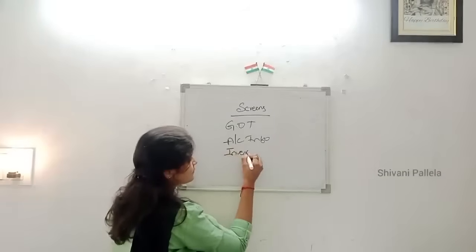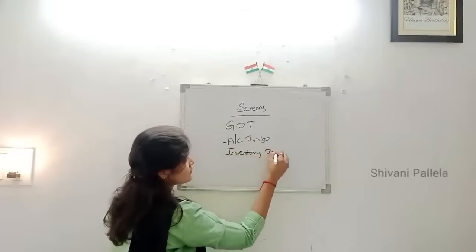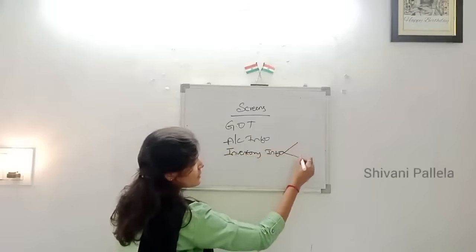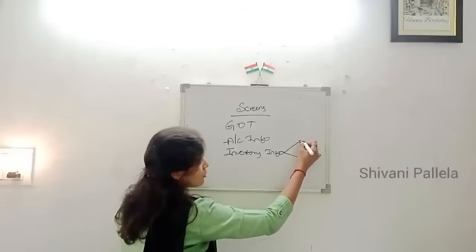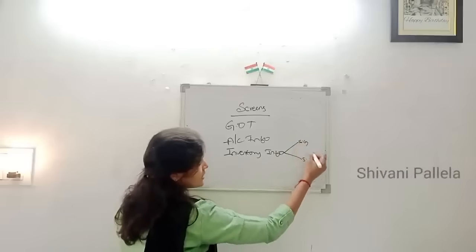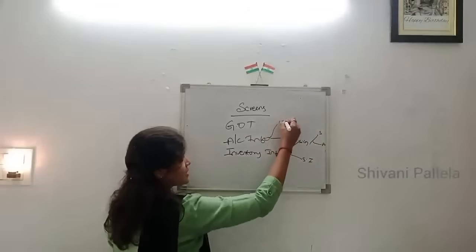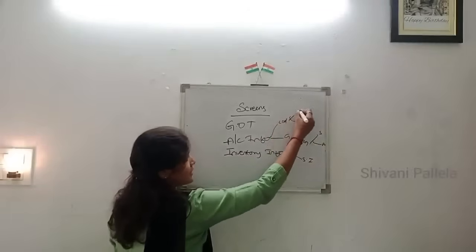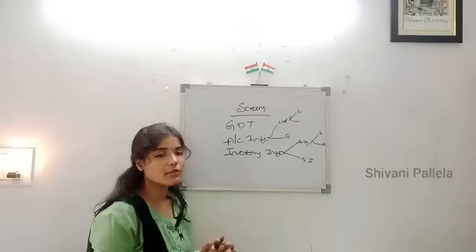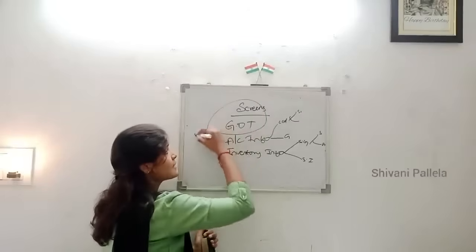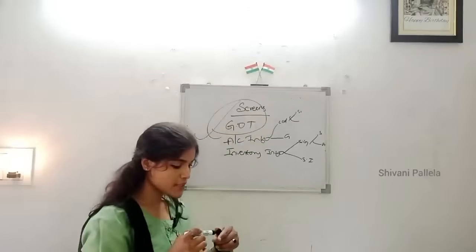Inventory Info screen, in that the same: stock groups, stock items. In that what are having single, multiple, here all the same. Ledgers, groups, single, like that type of screens you need to remember. But Gateway of Tally is the important screen.